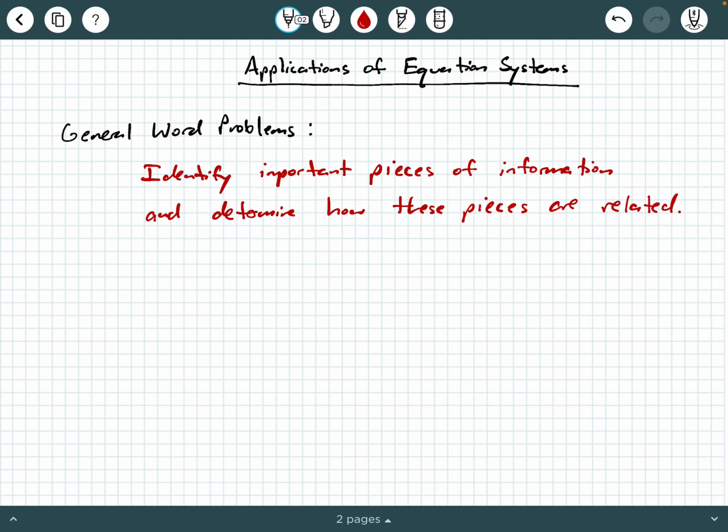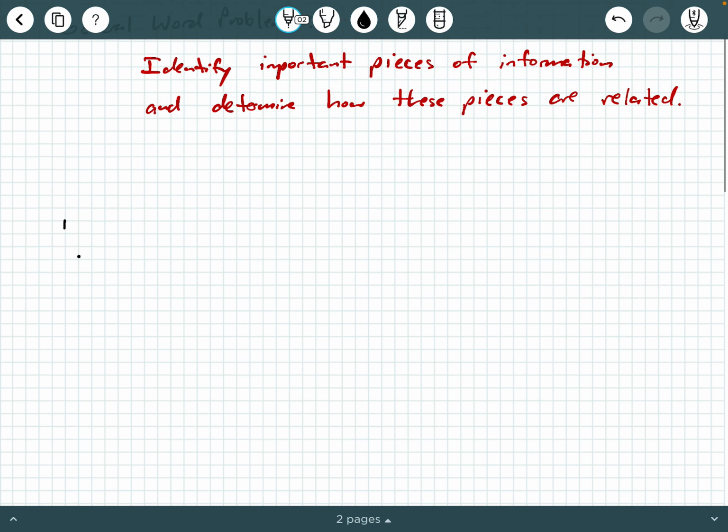Okay, that's really the key to figuring out word problems. Okay, so let's just jump right into a simple example of a word problem and do this. Again, we're going to identify important pieces of information and determine how these pieces are related. Okay, so let's look at this example here.